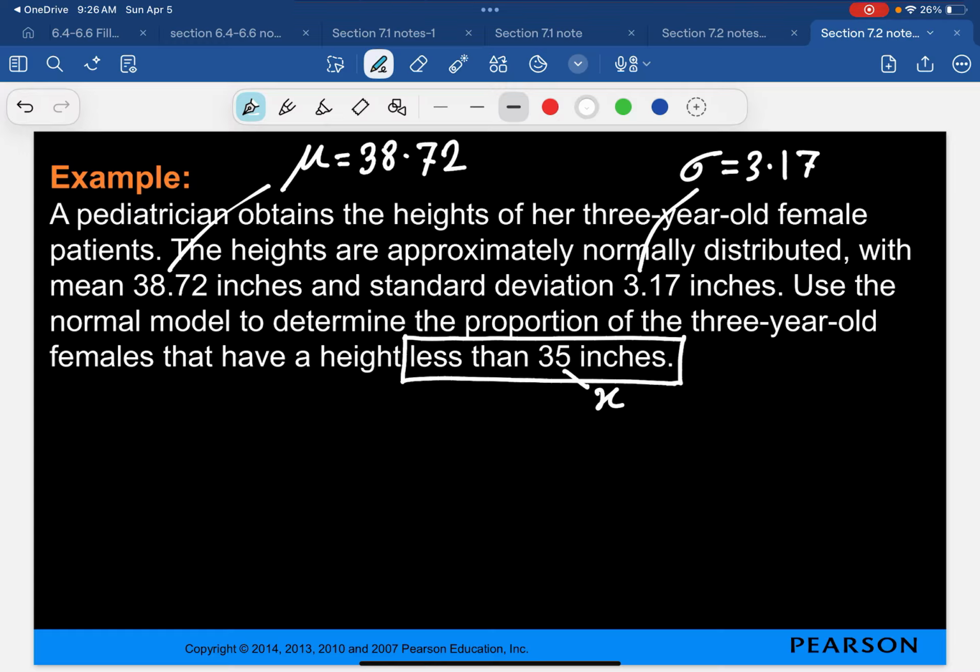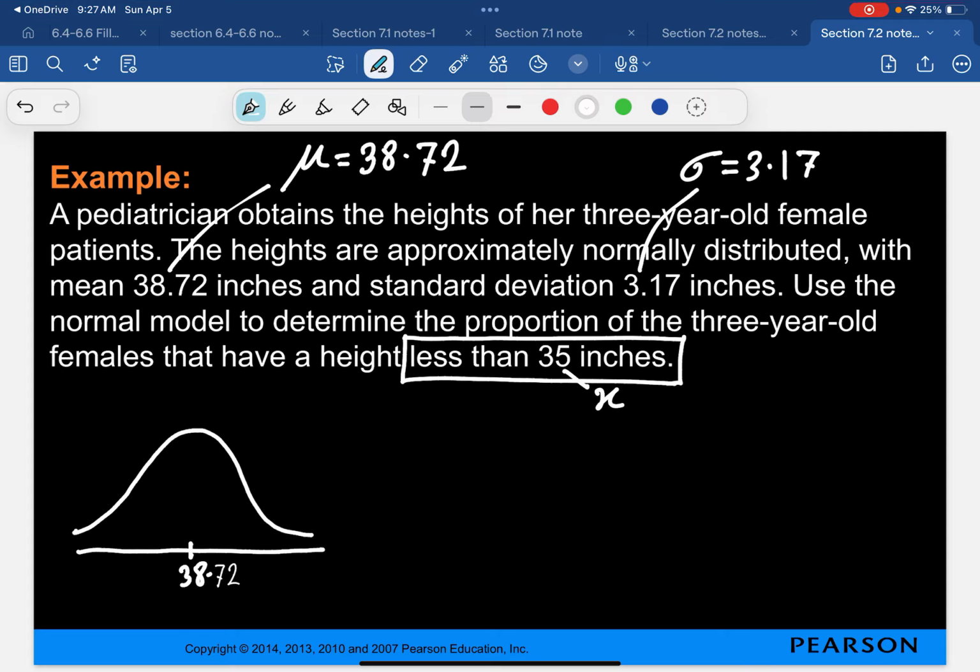Now, I always prefer to draw the picture first so that things will be more tangible for you. So let's draw the picture and shade the area under the normal curve that they are talking about, okay? This is the regular normal distribution they're talking about. The mean is 38.72, so that would be in the middle. And they ask us to find the proportion that is less than 35 inches.